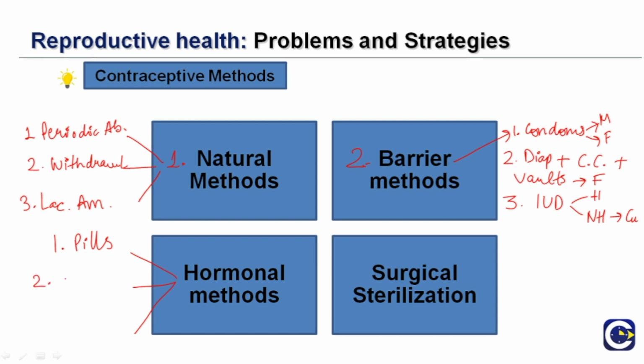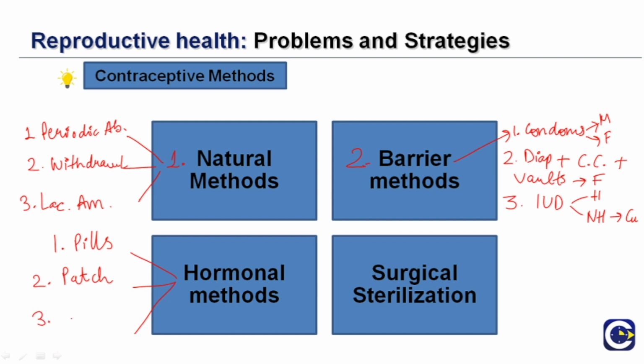So the second one that we saw was the contraceptive patch. And this patch can be put at different locations on the body, like the upper arm, the back, the buttocks or the lower abdomen. And the principle is exactly the same. You put the patch for 1 week at a different location for 3 weeks and then you do not put a patch.